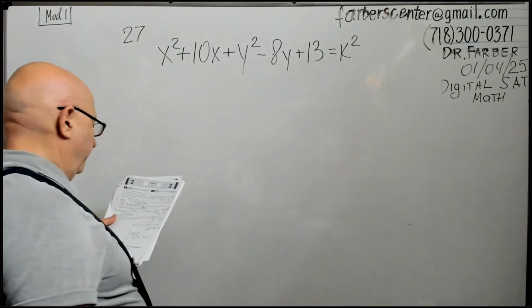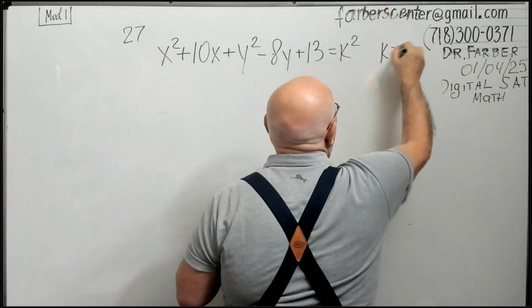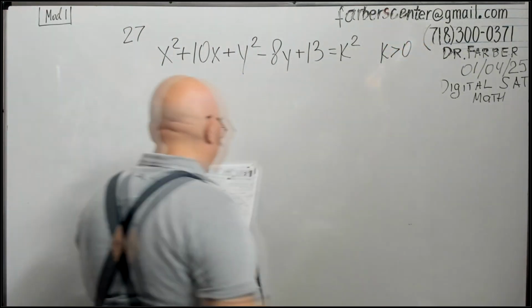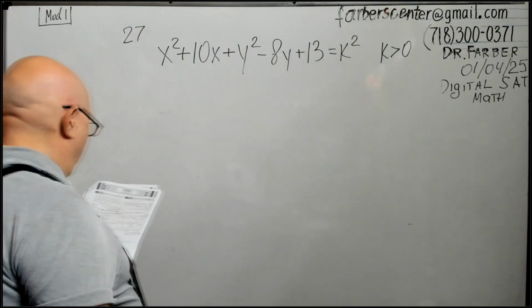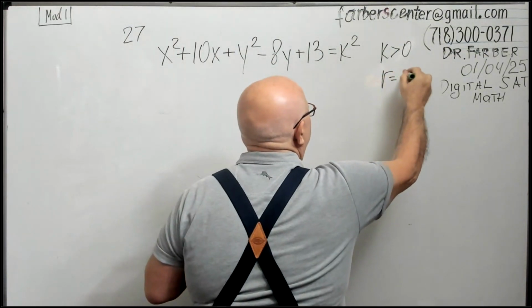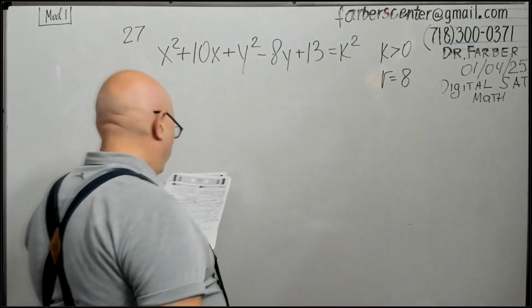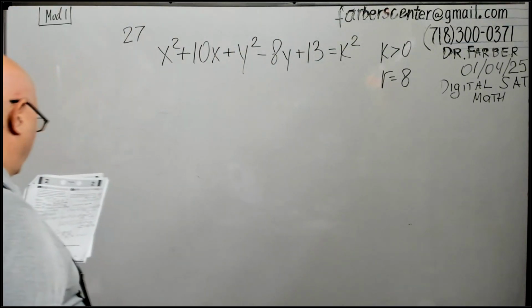In the XY plane, k is a positive constant, and the radius of the circle equals 8. You have to find k.